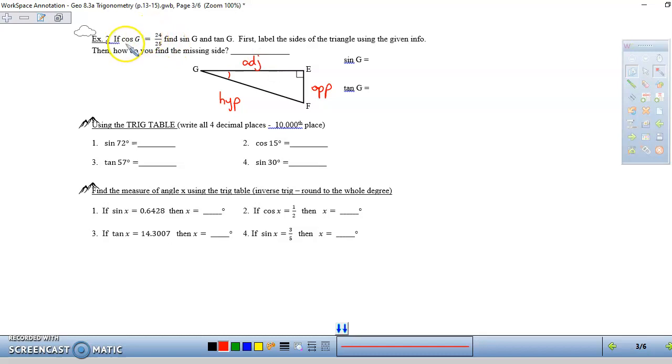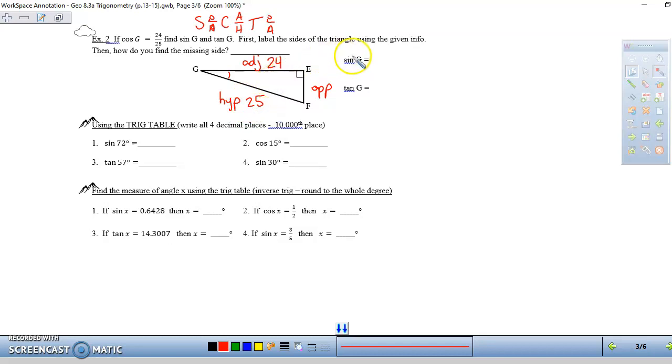And the other thing I would do is always write Sohcahtoa at the top of every page. So let's write that up at the top. I'm given that the cosine of G is 24 over 25. Well, that corresponds to adjacent over hypotenuse. So in this case, I know the adjacent is 24 and the hypotenuse is 25.